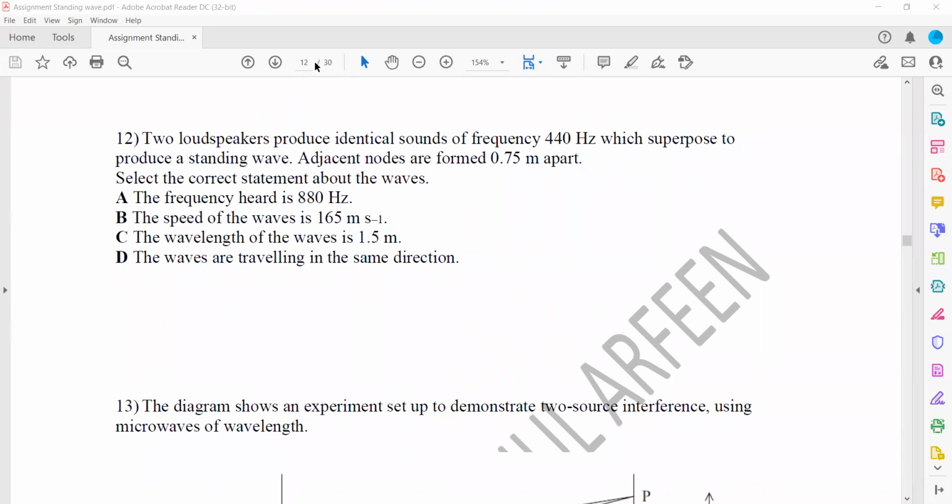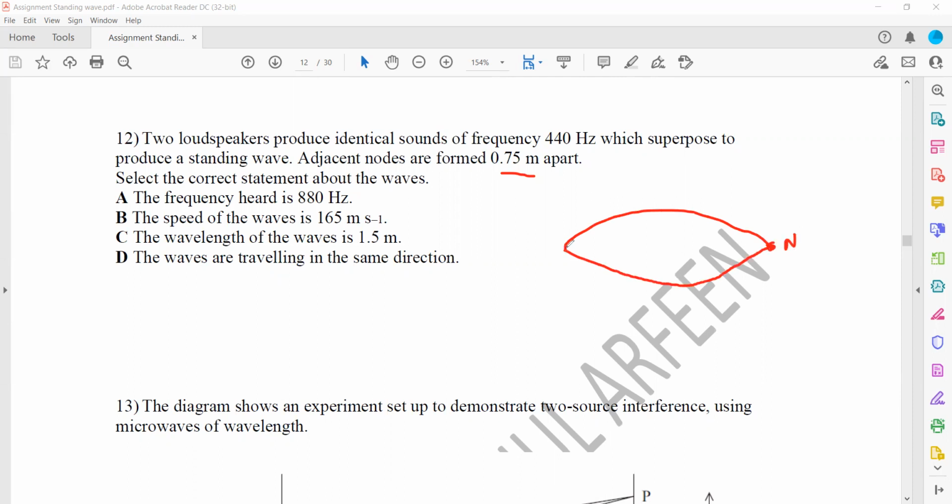Two loudspeakers produce identical sound of frequency 440 which superimposed produce a standing wave. The adjacent nodes are 0.75 meter apart. Select a correct statement. The minimum displacement positions or points are known as nodes.